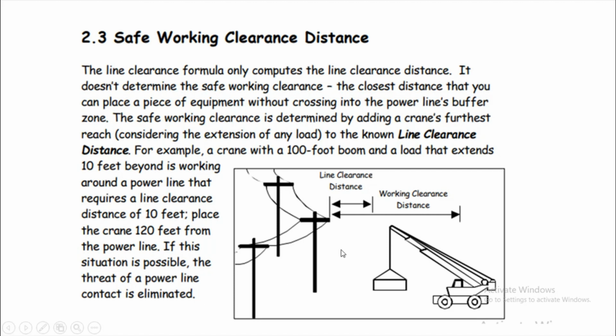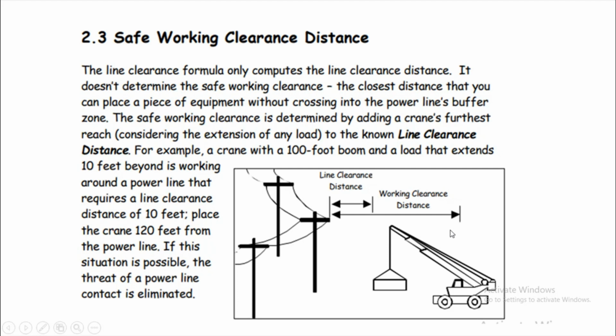So if you place the crane 120 feet from the power line, then you have a safe working clearance distance, because the line clearance distance, as you can see in the sketch here, is only from the farthest load of the crane to the power lines, which in our example is 10 feet.